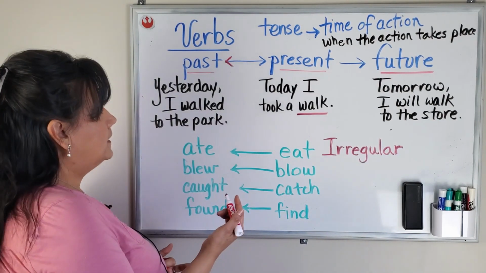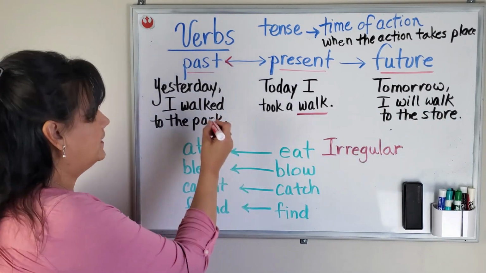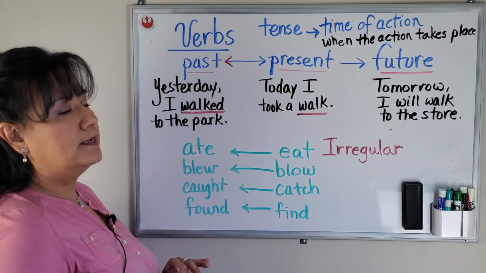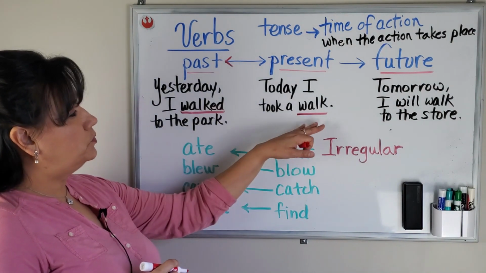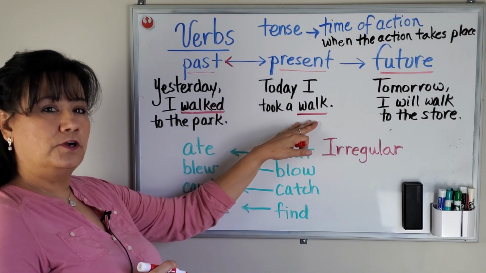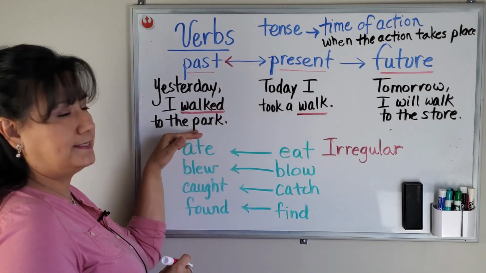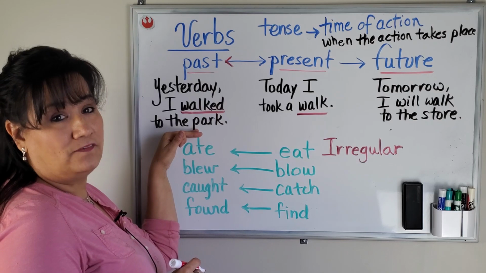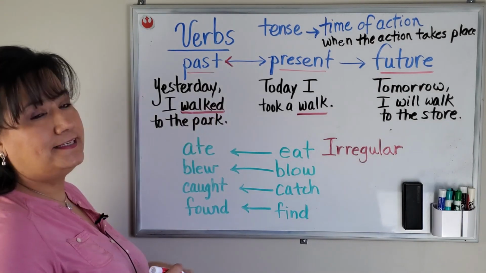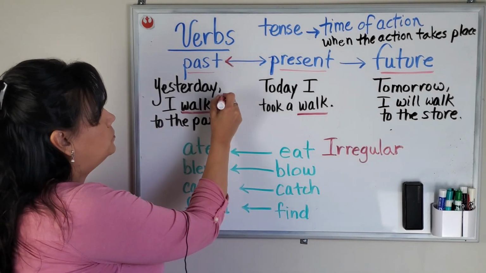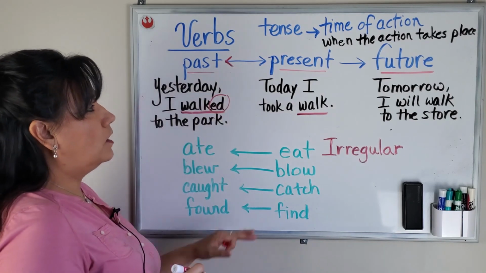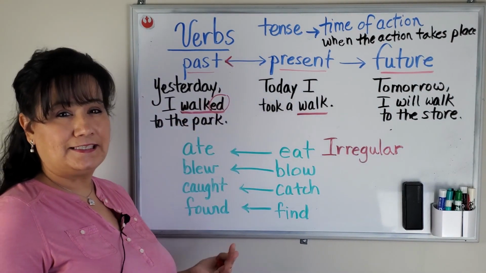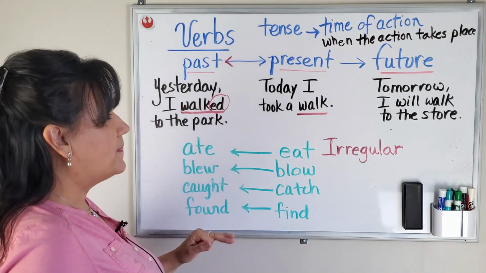Did you notice what changed in the verb? I'm going to go ahead and underline the verb. Did you see the change between present tense verb walk and past tense verb walked? If you said that we added an ed, you were correct. Usually when we make a verb past tense, we usually add a d or an ed, okay?